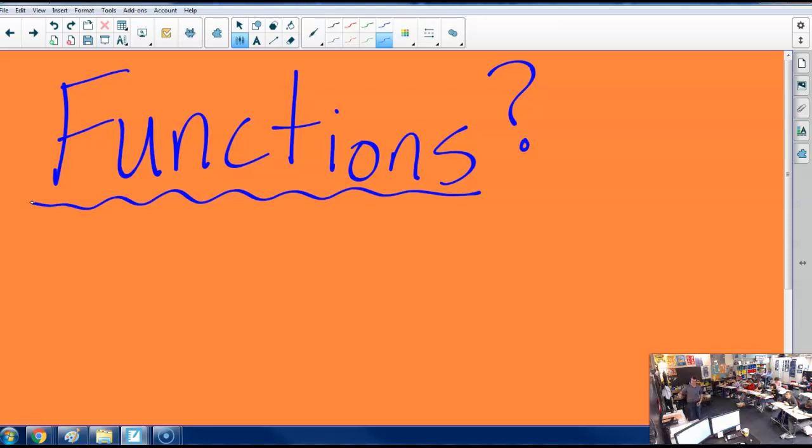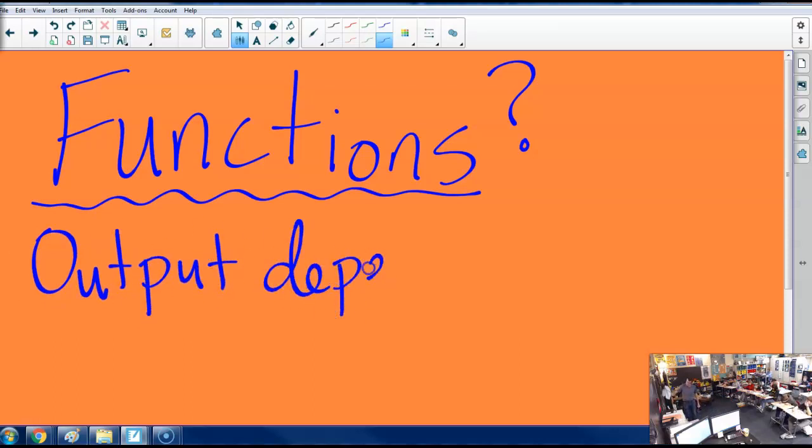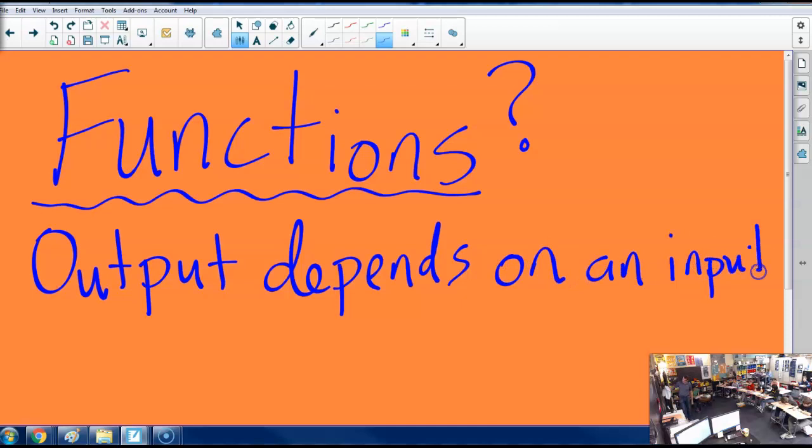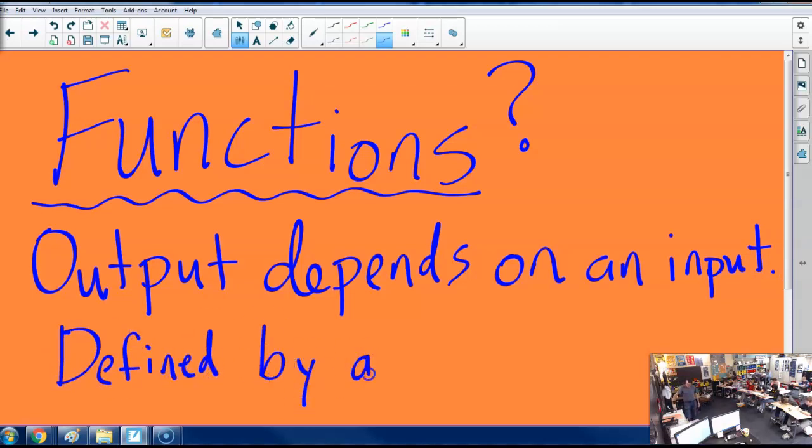So a function is when an output depends on an input, and this is defined by a rule. Now that rule we're used to seeing as our equation.